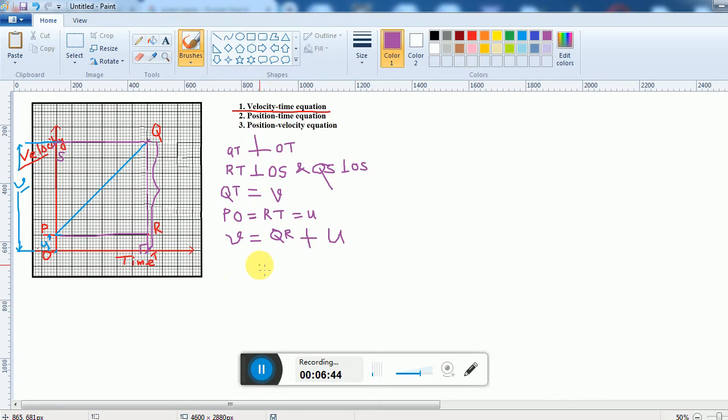And what is a? a is acceleration. We know acceleration means you have to find the slope, so change in velocity by time.